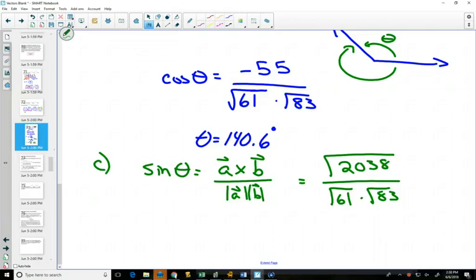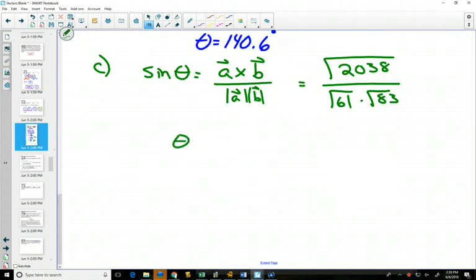So I'm going to go to sine inverse now and do sine inverse of that square root of 2038 divided by the square root of 61 times 83. And I get 39.4 degrees, because sine is positive, it could be in quadrant 1, or sine is positive in quadrant 2 as well, or 140.6 degrees.